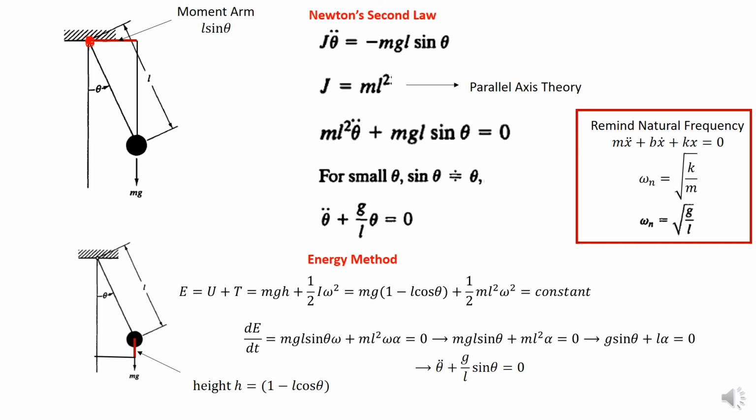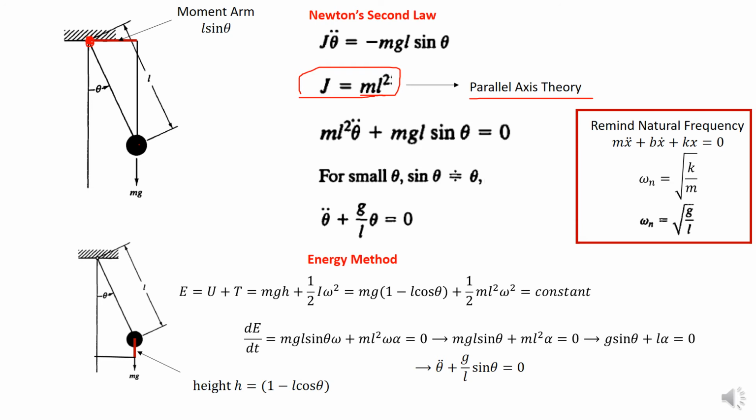What will be our moment of inertia here? It will be J, and by the parallel axis theorem, if we treat the ball as a point, it will be m L squared.